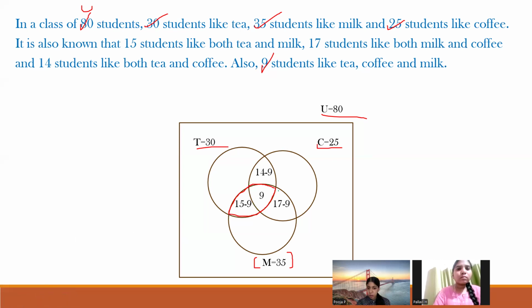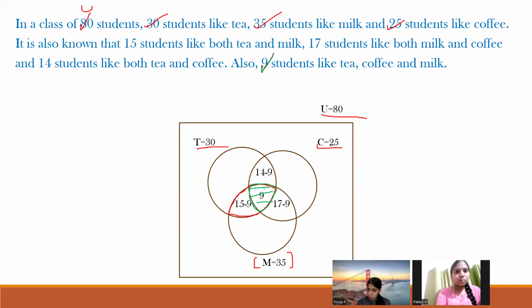One more thing they've given us is this green region. This green region is the intersection of all the three, those who like tea, milk, and coffee. So that is given to us with the number 9. Correct. So this region is 9. That we are clear. Now this entire red region completely is 15.